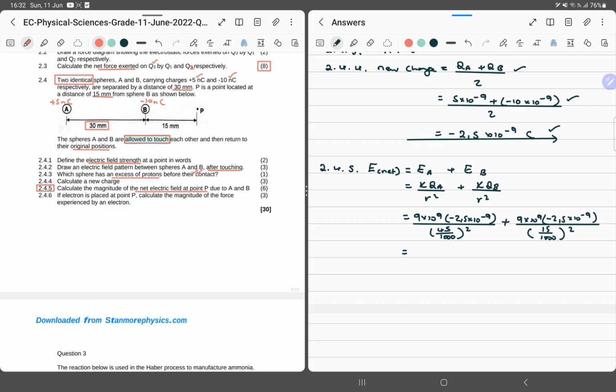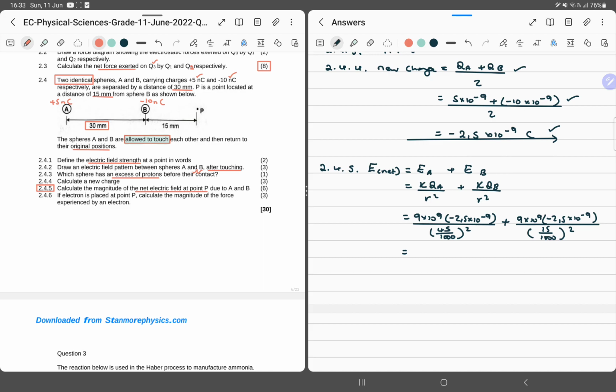So let's see what we get. We've got 9 times 10 to the 9 times minus 2,5 times 10 to the minus 9 over 45 divided by 1,000, squared. We are adding 9 times 10 to the 9 into minus 2,5 times 10 to the minus 9, divided by 15 divided by 1000, squared.